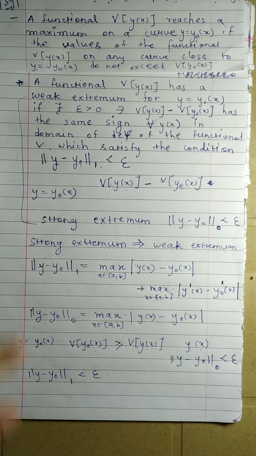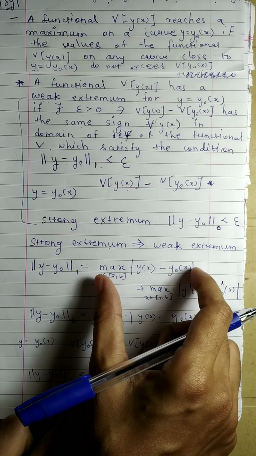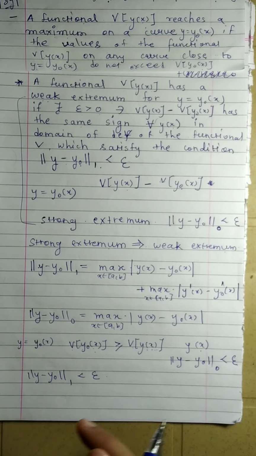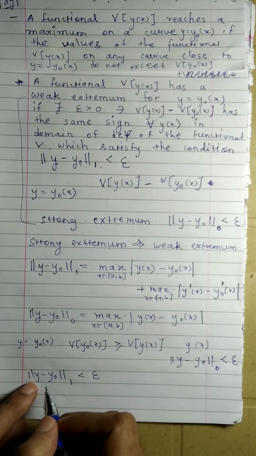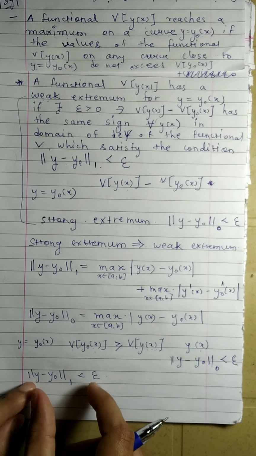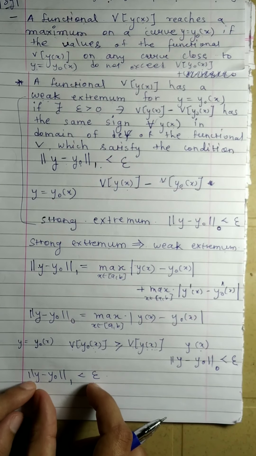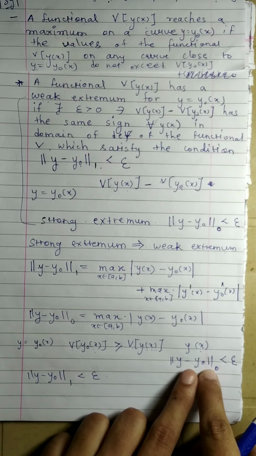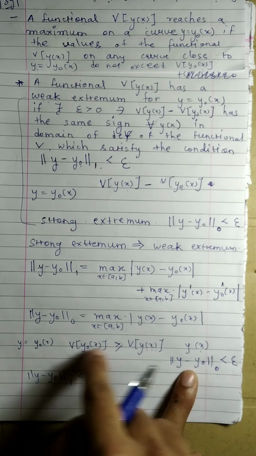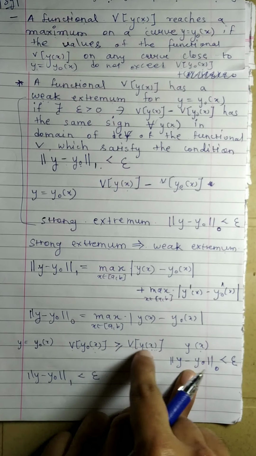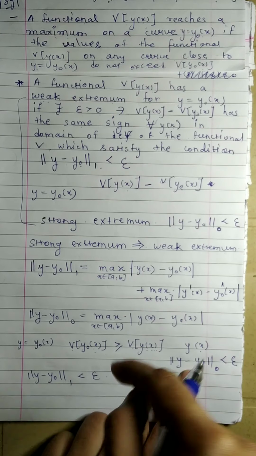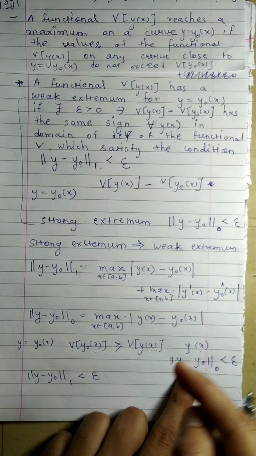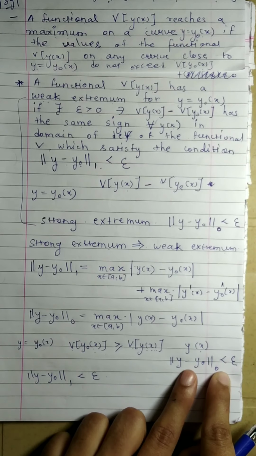If at some curve y of x it has a weak extremum, then that curve will also be there in this set. Here we have considered this quantity for all the y of x which satisfy this condition.